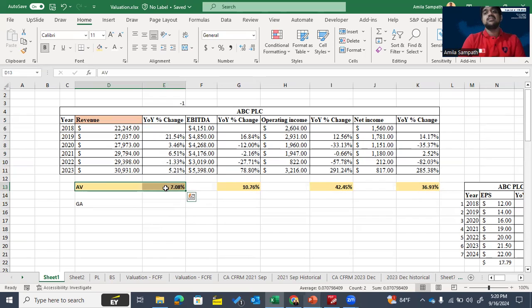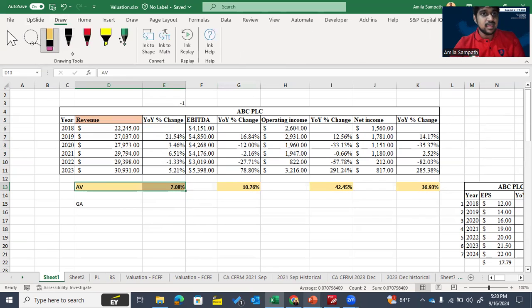This 7.08 we can say is our arithmetic average growth. That means for forecasting purposes, we can say our revenue will grow at a 7.08% rate. That's the simplest way. Based on the historical trends, we assume the historical trend remains unchanged for the forecasting period, and with that we use 7.08 as our revenue growth rate for our forecasting purposes.